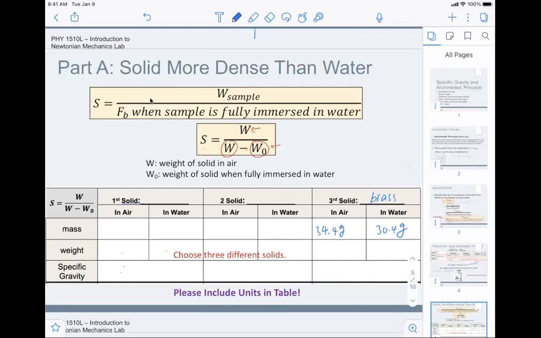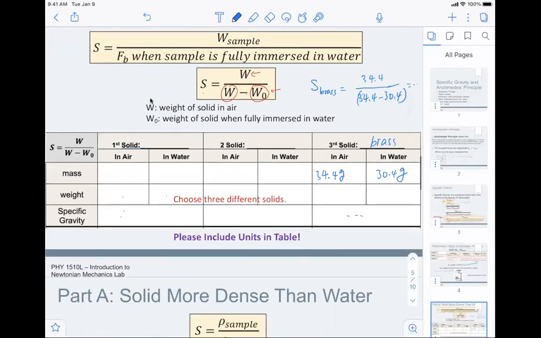But like I said, when you do the specific gravity, the little g actually cancels. So for example, for the brass, you can simply use 34.4 divided by 34.4 minus 30.4. Right away you get a number, and you can put that number in here. You don't have to worry about converting it to weight first, because all of those eventually cancel out.